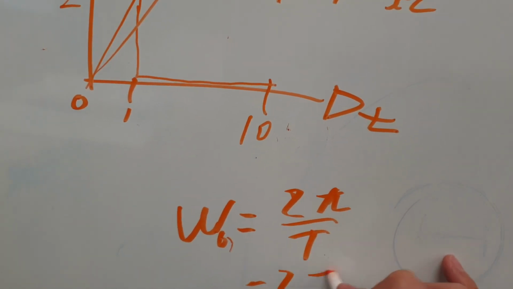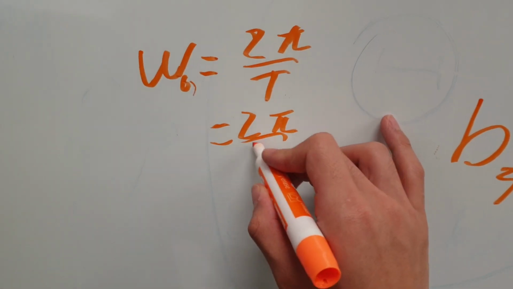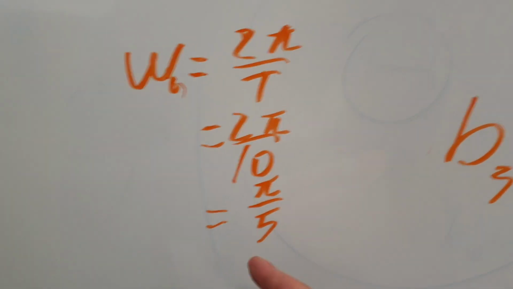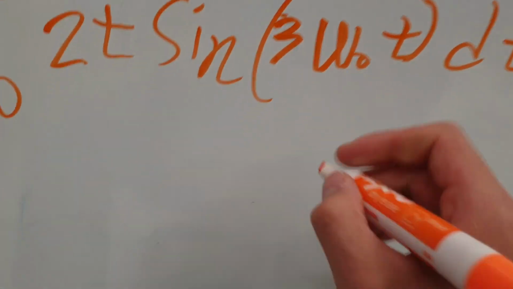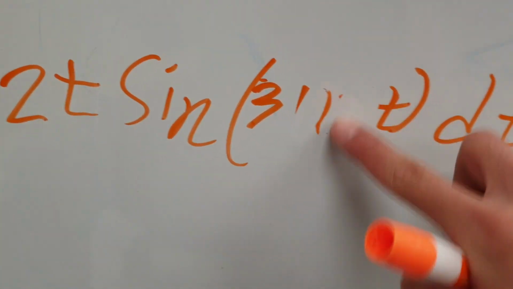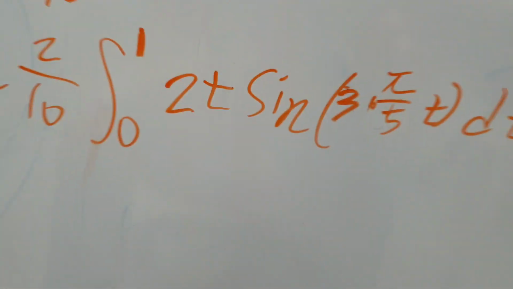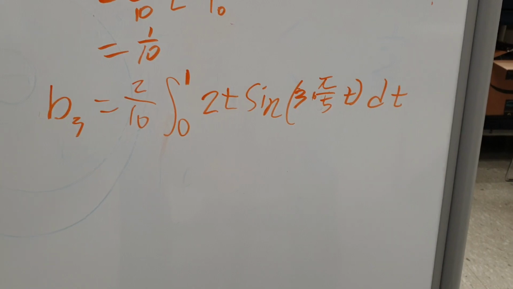So we're going to do 2 pi over 10, so we'll have pi over 5 as our fundamental frequency. We're going to put that value, pi over 5, over here, and we just need to solve this equation.